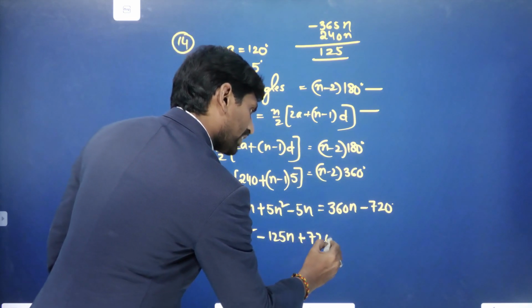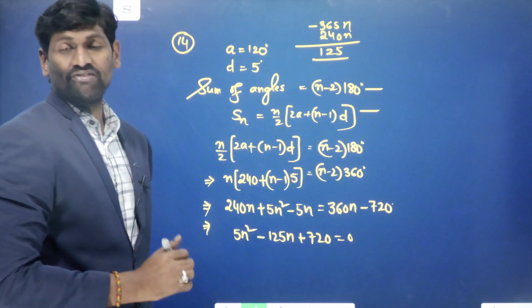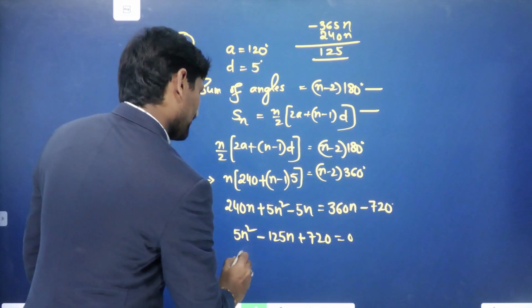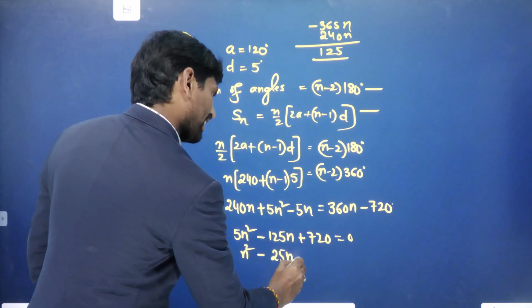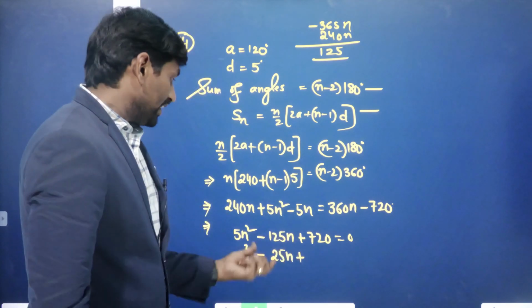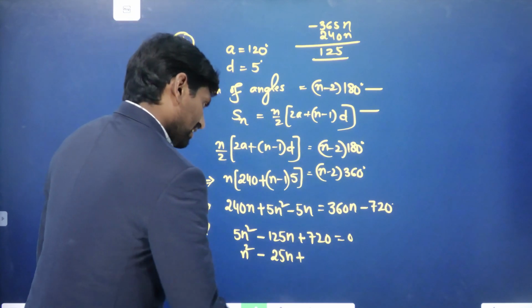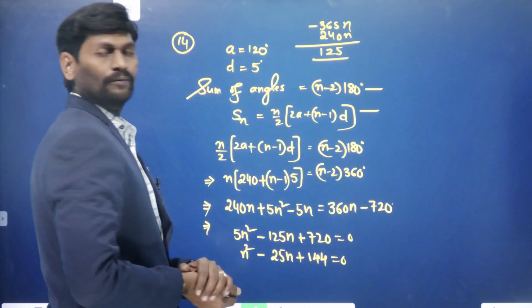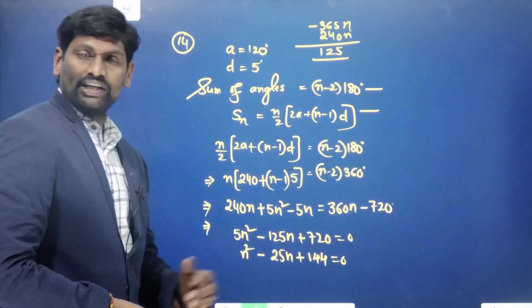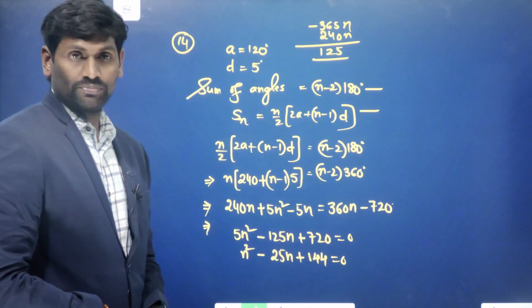Now I am going to cancel all the terms by the 5 table. It will be n square minus 25n plus, am I right? 5 ones are 5, 5 4s are 20, 5 4s are 540?? So 144 will be there.